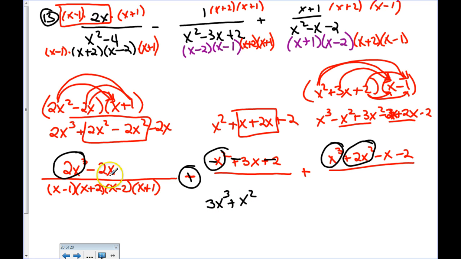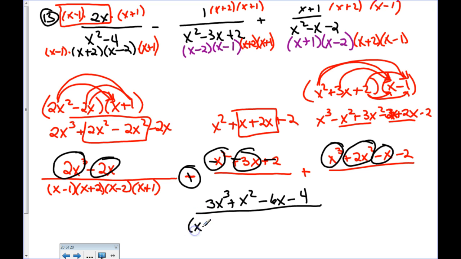Okay, we have a negative 2x, a negative 3x, and a negative x. That makes it a negative 6x. We've done those now. And then I have a negative 2 and a negative 2. That makes it a negative 4. All over this. So you guys can see why I call this the granddaddy of all problems on the sheet.